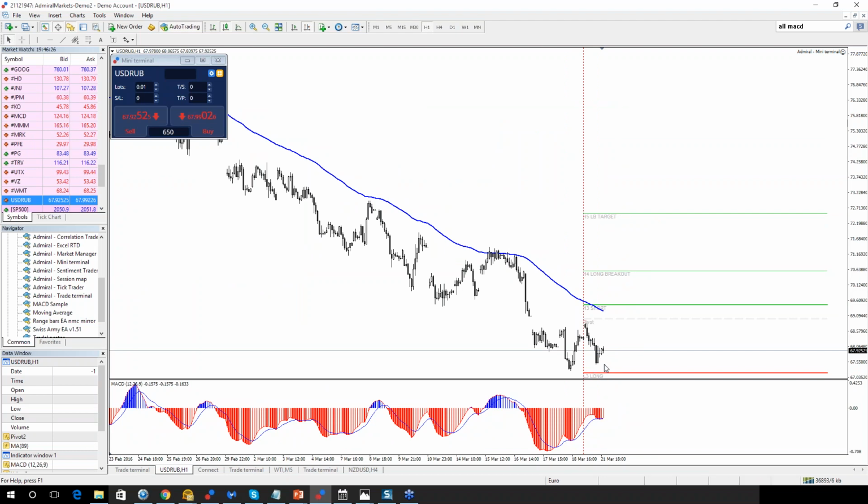It could reject now. There is also divergence here. But look at this. It's inverted head and shoulders with gaps. So this could come here and probably be rejected from this region here. Okay, so dollar ruble, sell close to this level here.